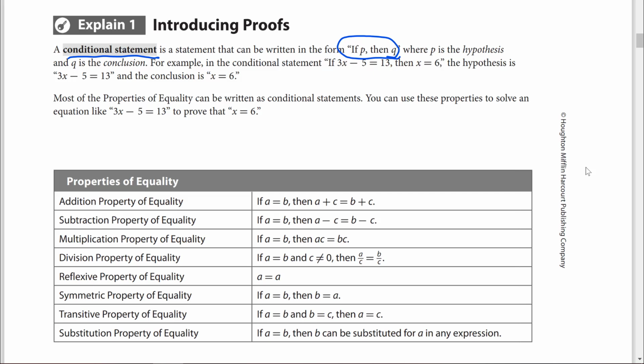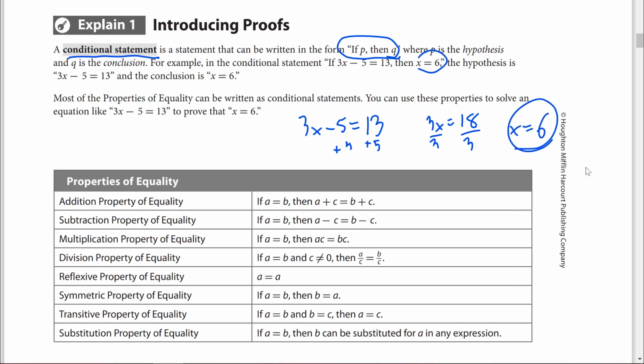So the example they use is: if 3x minus 5 equals 13, that's my hypothesis. That's the piece I'm being given. Then I can solve that out. Add 5 to both sides, I get 3x equals 18, divide by 3, and I get x equals 6. That's my conclusion. That's my then statement.